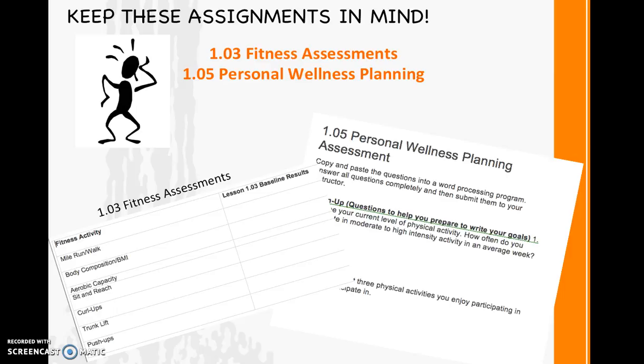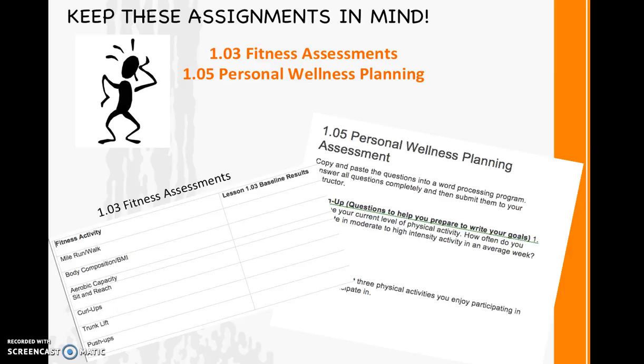In addition to that, we'd also like for you to keep the 1.05 personal wellness planning assessment in mind as well. In this particular assignment, remember we ask for you to complete and create 4 goals for yourself. Now, your instructor probably evaluated those goals and gave you some feedback in your assignment.